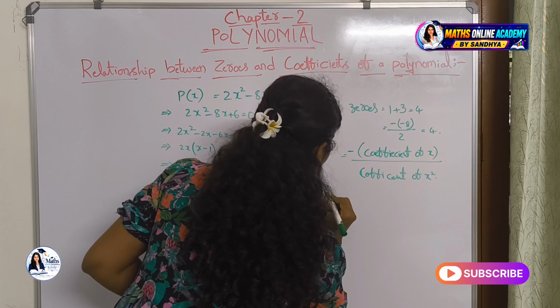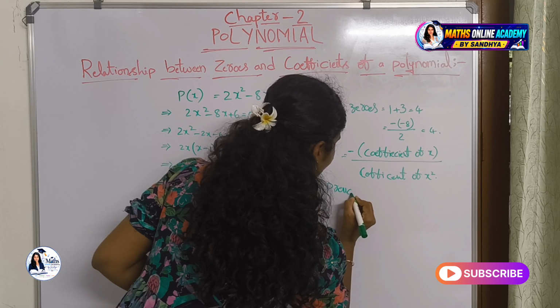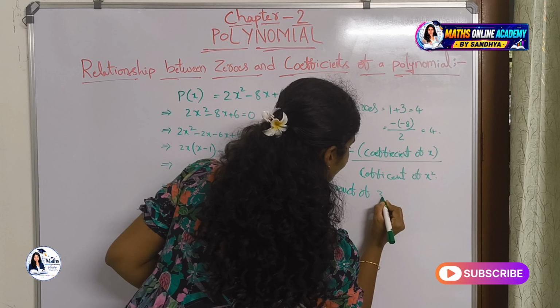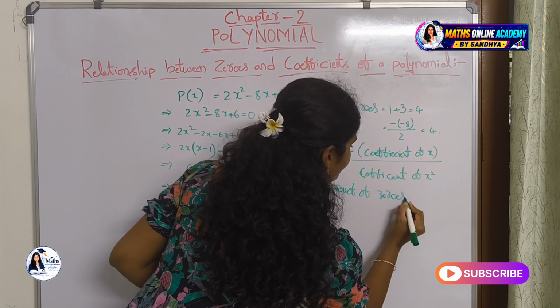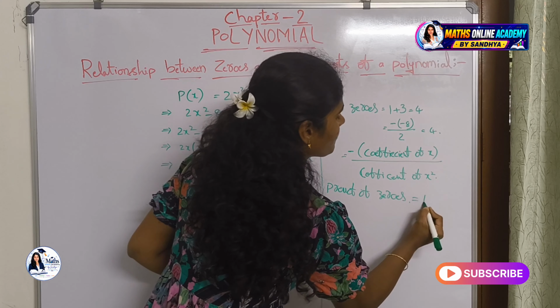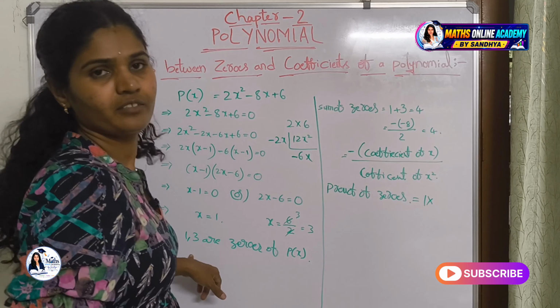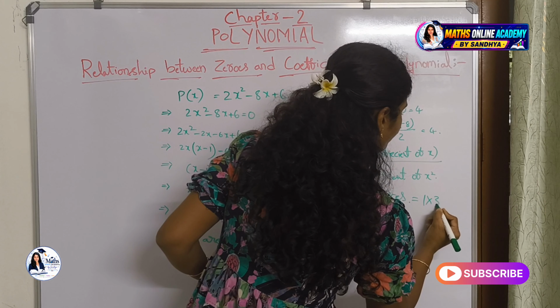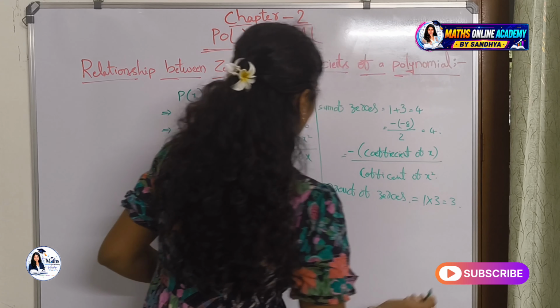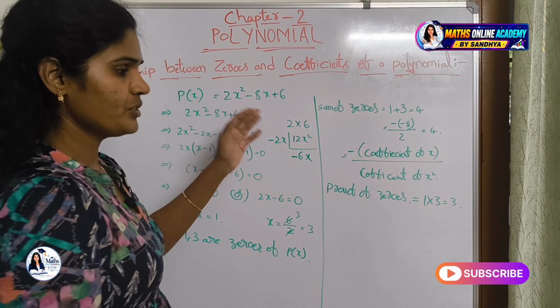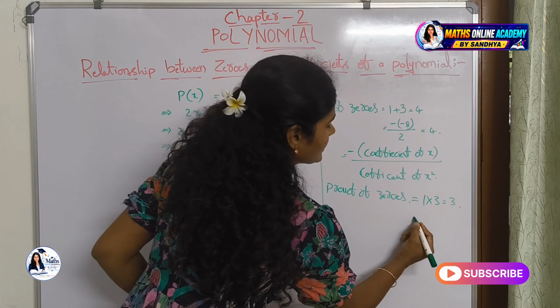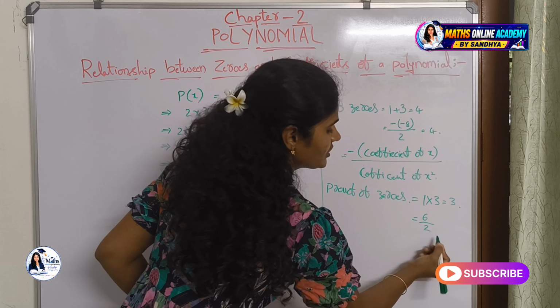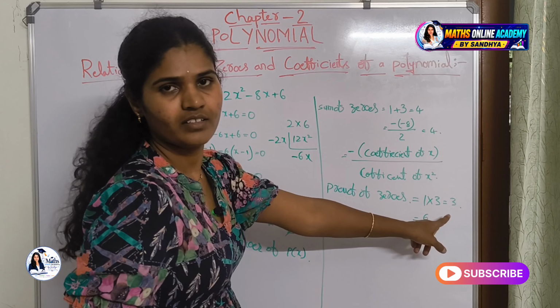And next, product. Product of zeros means 1 into 3. 1 into 3 equal to 3. By using the coefficients, you can write 3 equal to 6 by 2. You can write it, 2 threes are 6.